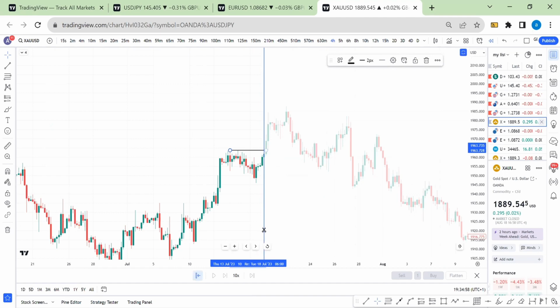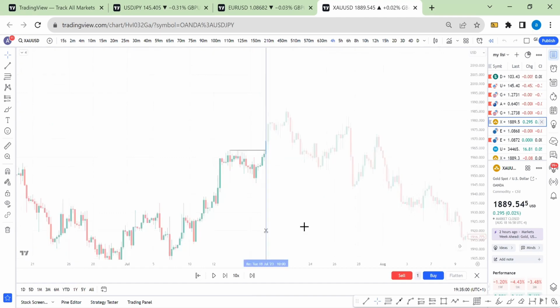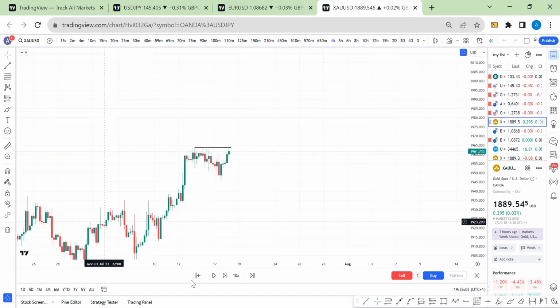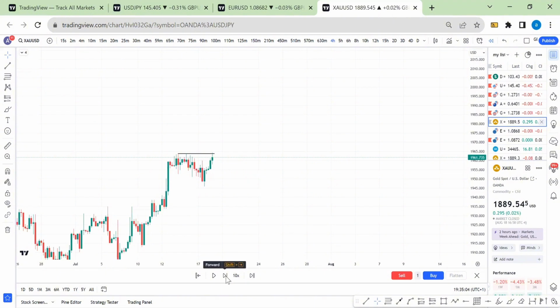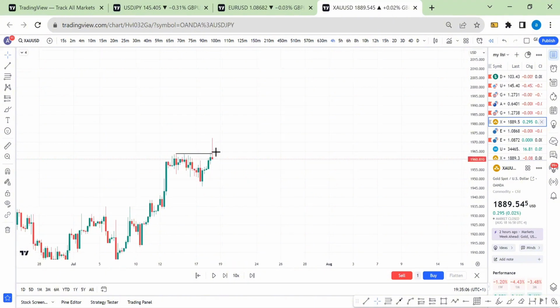So we have a break of structure. Immediately after the break of structure, we want to see every candle breaking the previous candle's high.